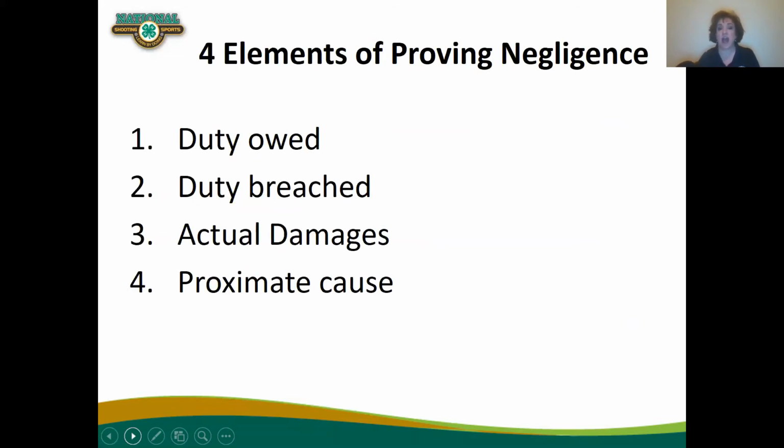There are actual damages. Someone is hurt by an accidental discharge at close range because a beginning shooter was on the line in your absence. And 4, there might be a proximate cause established. If you would have been on the line, the accident most likely would not have happened.